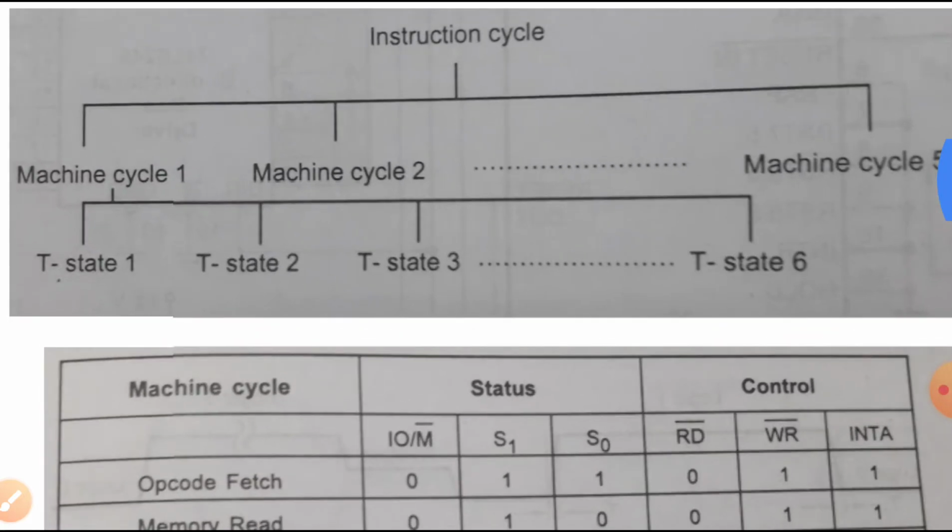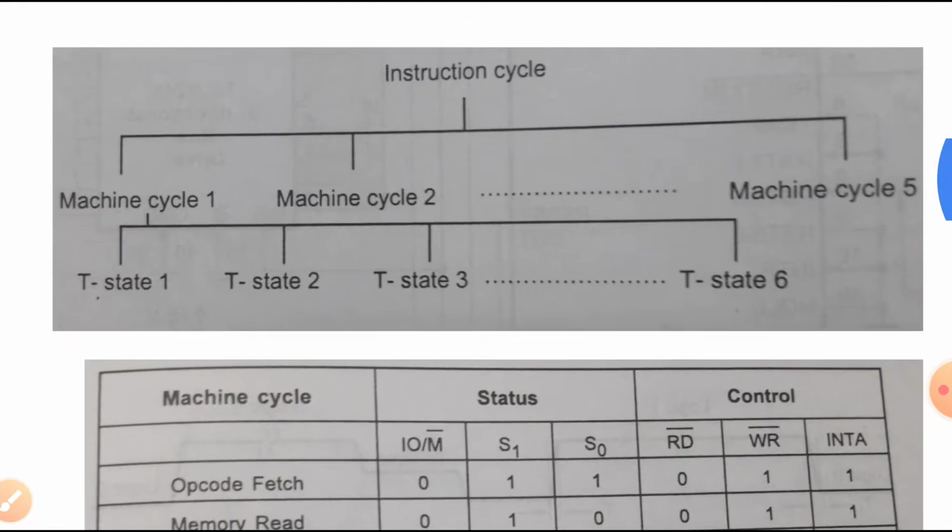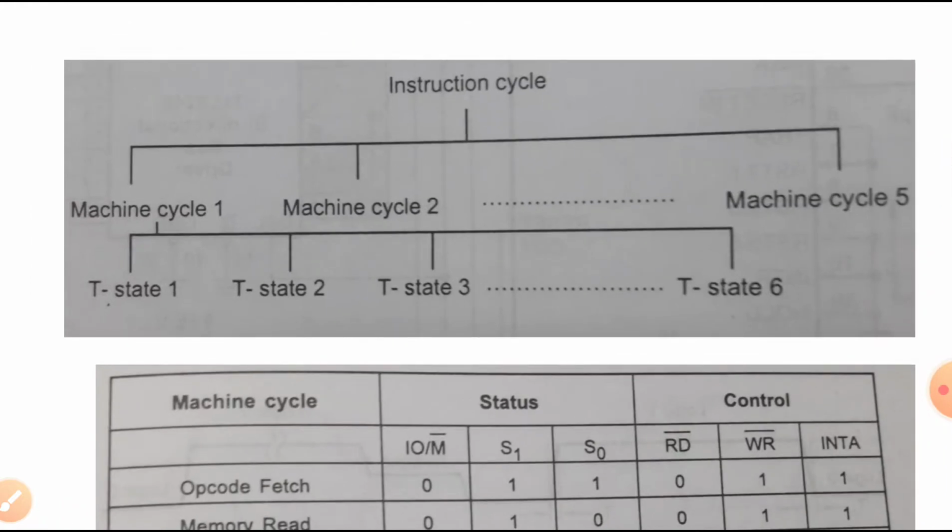For example, whenever the processor executes any instruction, it fetches that instruction, decodes it as well as executes it. This fetching, decoding and execution of the instruction constitutes the instruction cycle, and for that particular instruction cycle it requires many times to go to the input output device or the memory device, which is measured in terms of machine cycles.